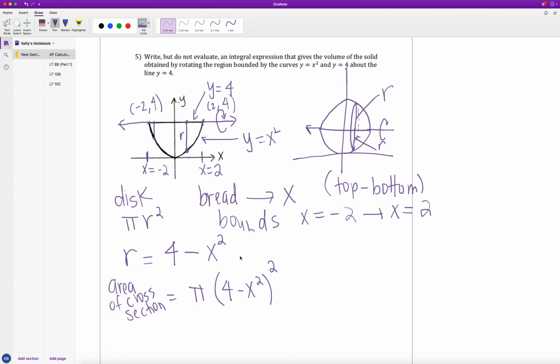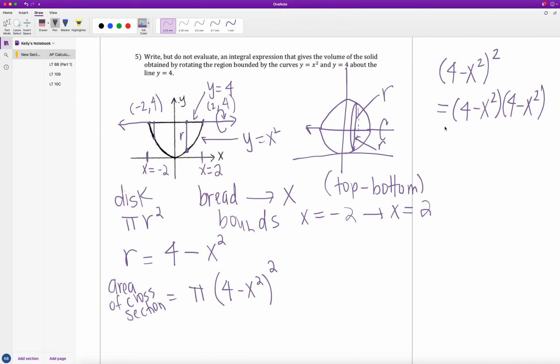Now if I wanted to, I could FOIL this out and simplify it, but what I cannot do is distribute the square to each piece. We've talked about this in class before this year. It's called the freshman's dream, where I really wish I could distribute it to each piece. But remember, as a little review from algebra, if I have a quantity squared, that is equal to 4 minus x squared times another quantity of itself.